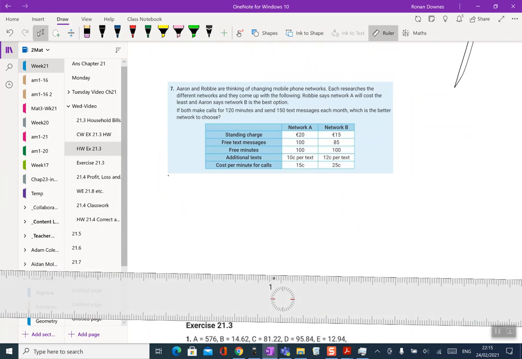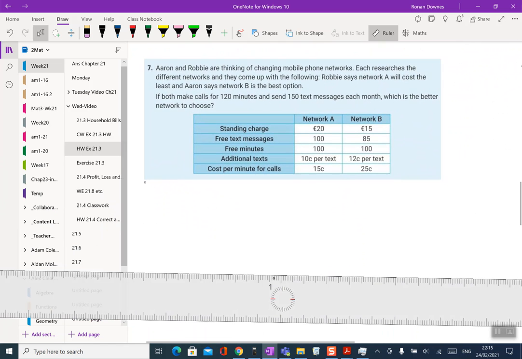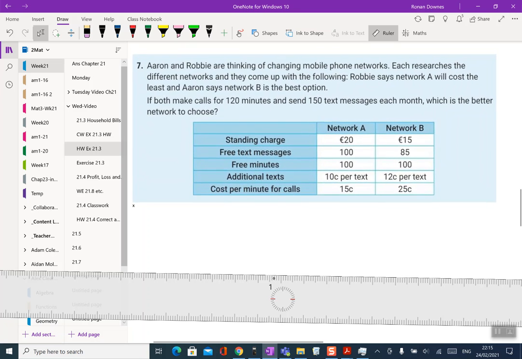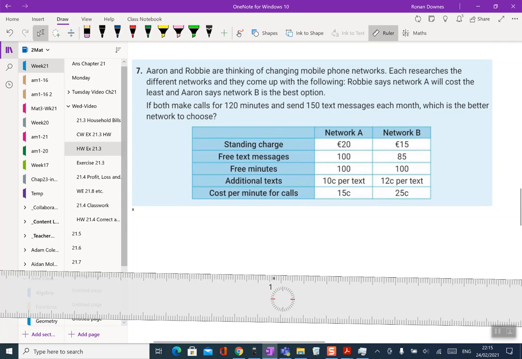One more set of questions here in this section. So they group together all their research information, and we're going to take a particular scenario and calculate for both A and B. If both make calls for 120 minutes, that'll be excess 20 minutes for both of them, and send 150 texts.